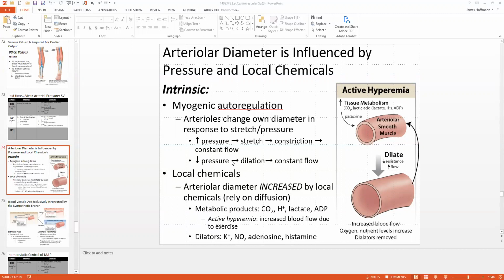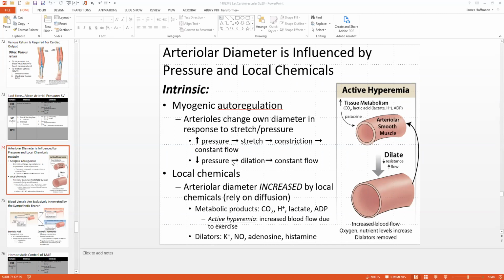If we have more pressure in a vessel, that's going to increase the stretch of the vessel. As I'm trying to put more blood into this relatively floppy vessel, it's going to stretch more. If it stretched more and I left it stretched, what's going to happen to the diameter? It's going to increase. What's going to happen to flow? It's going to increase.